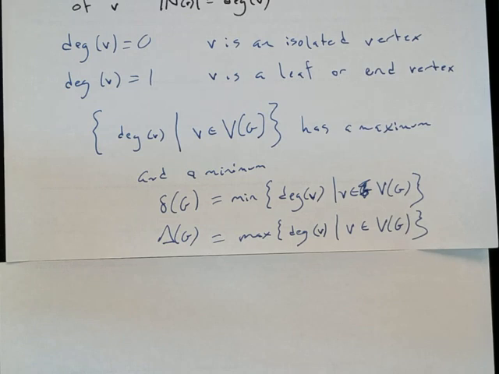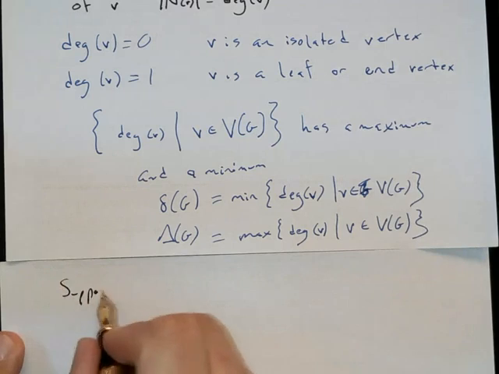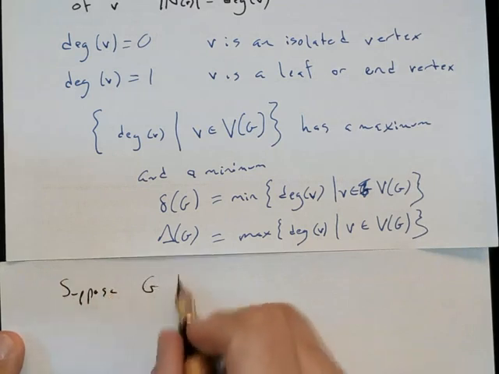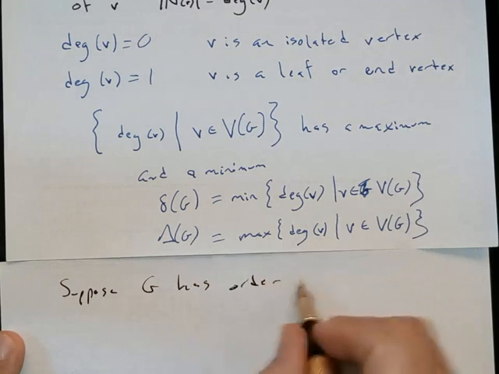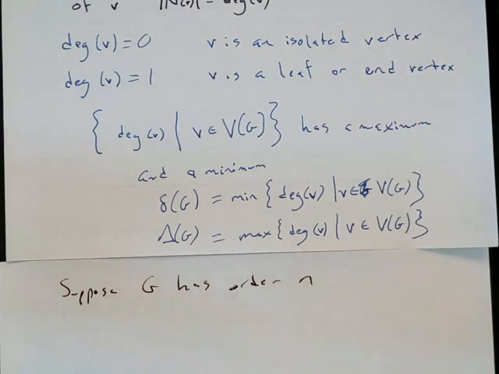What about depending on the amount of vertices? So max would be 10. So let's assign that. Suppose G has order n. We've got n vertices. What do I know about those two numbers? In a simple graph, I'll give you from 0 to, but why n?